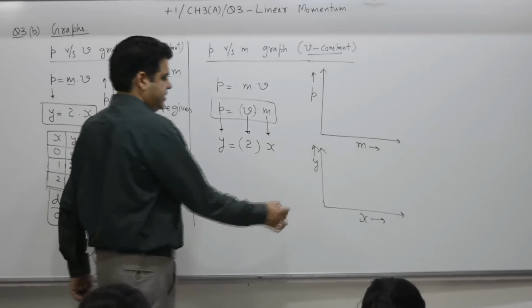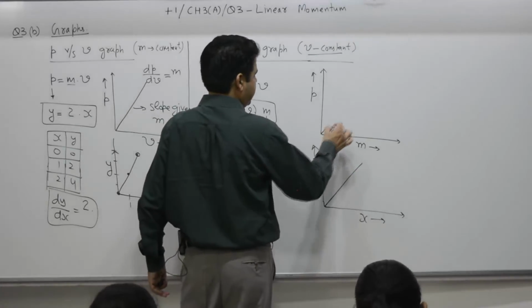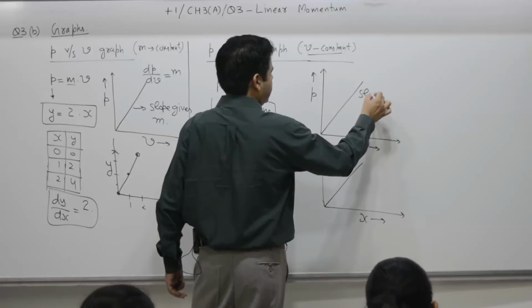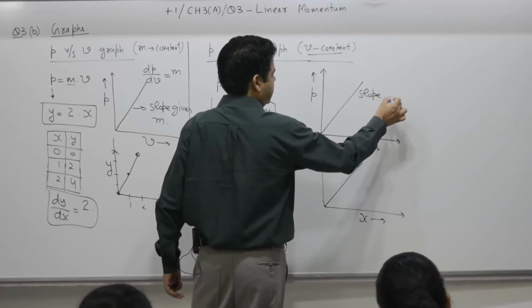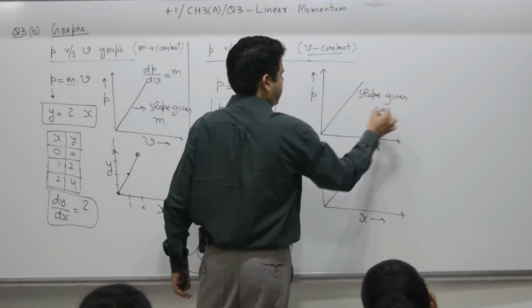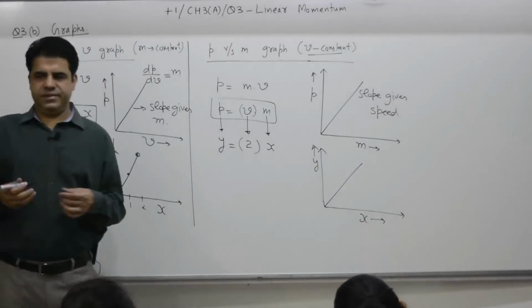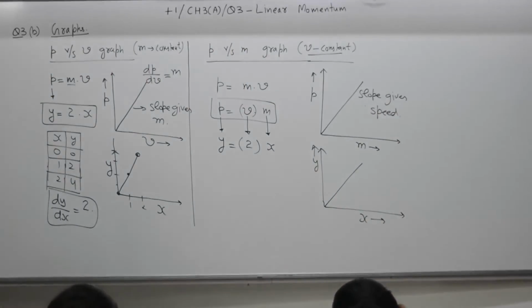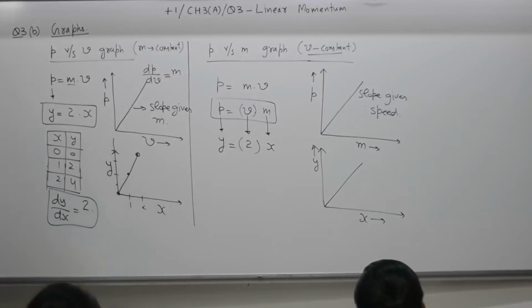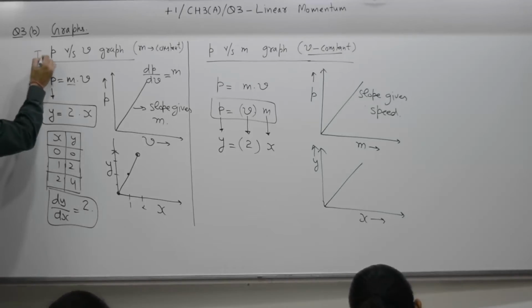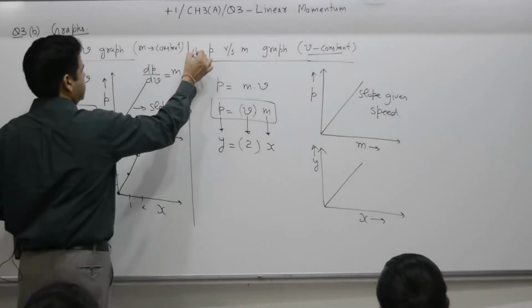Then again, same graph. Now slope gives what? Gives velocity, or magnitude of that, that is speed. This was the first case. This is the second graph.